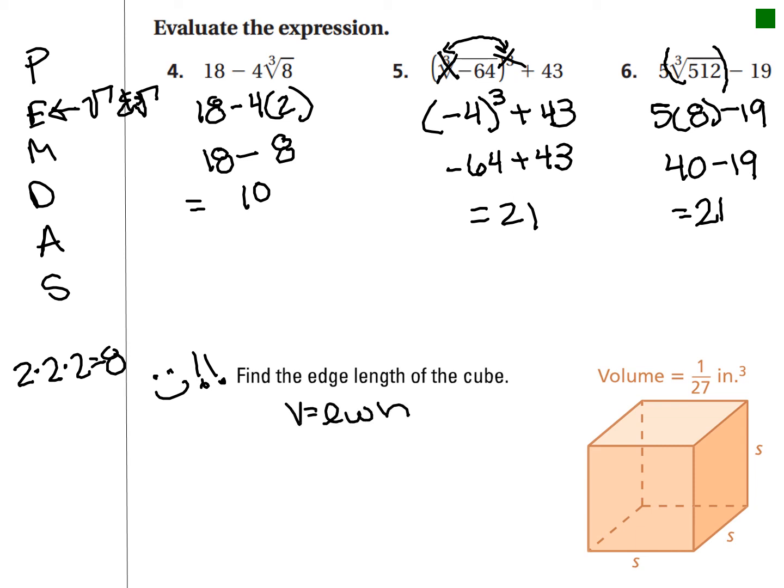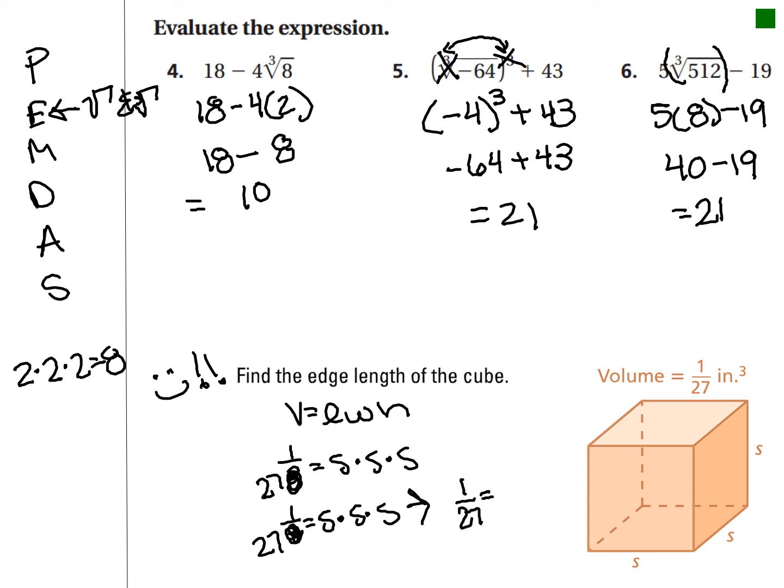If the volume is 1/27 and the length, width, and height are all the same, we can reduce this down to 1/27 equals S times S times S, which means 1 over 27 equals S cubed.